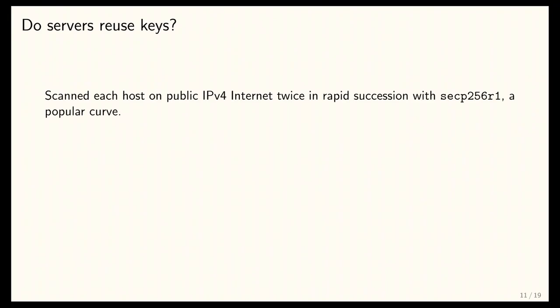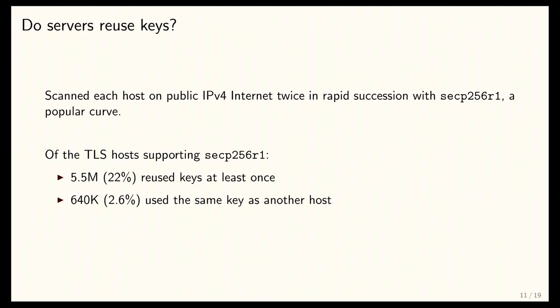So the first thing we wanted to look at is whether servers reuse keys. To check this, we scanned the IPv4 internet twice in rapid succession and checked to see if the server sent back the same key twice. Of the TLS hosts that supported this really popular NIST curve, we found that 22% of them reused keys at least once when we hit them twice with these scans.